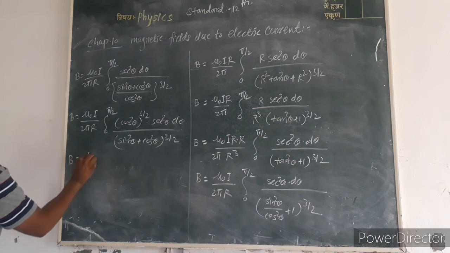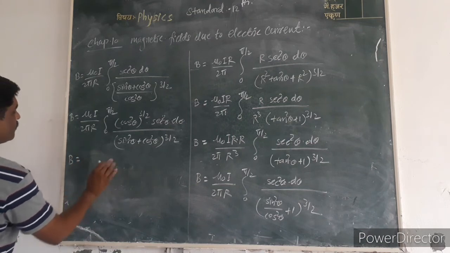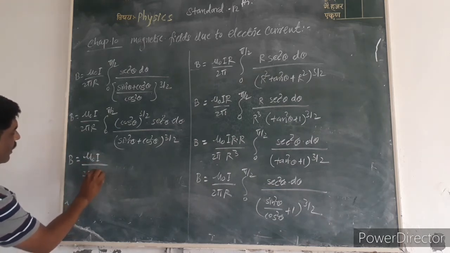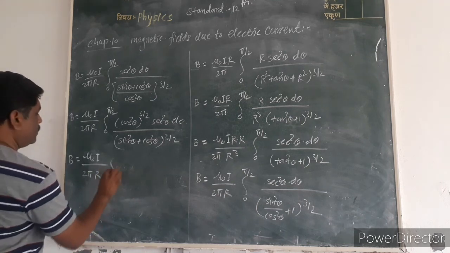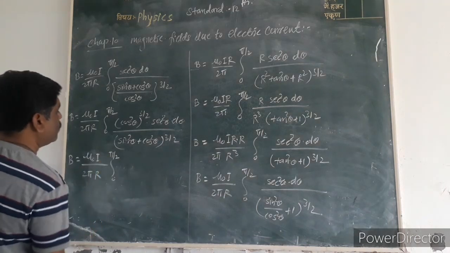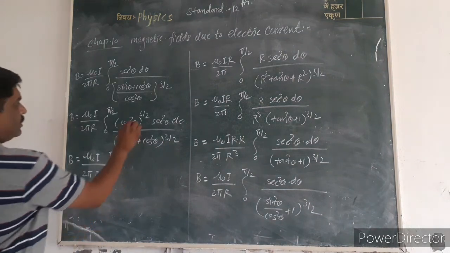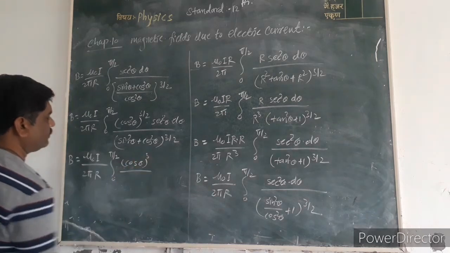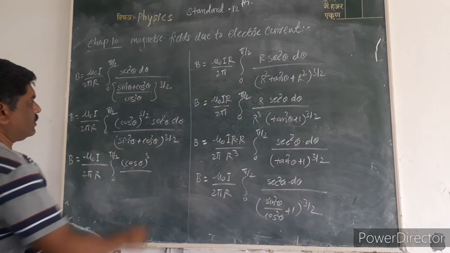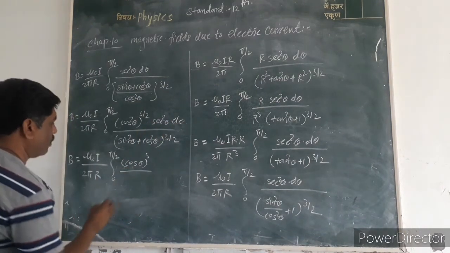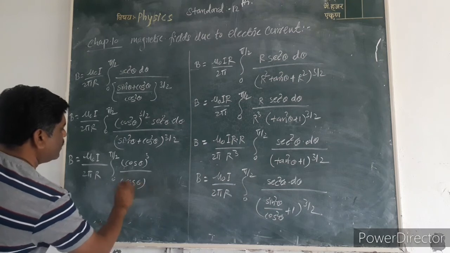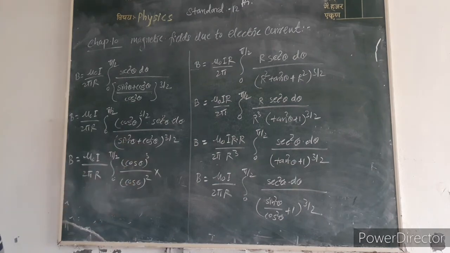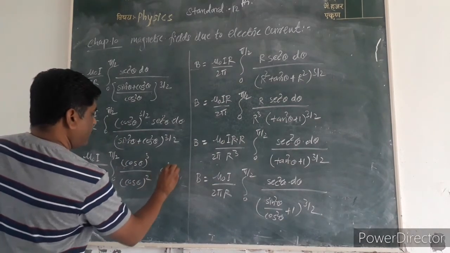This becomes cos cube theta. Sec square is converted into cos, that is cos theta square. Sin square theta plus cos square theta is 1, hence d theta.